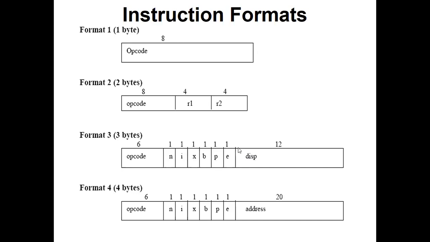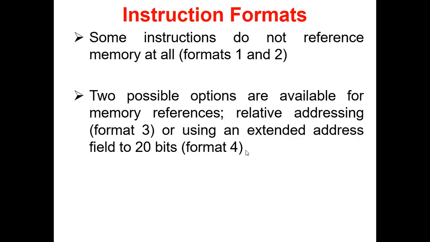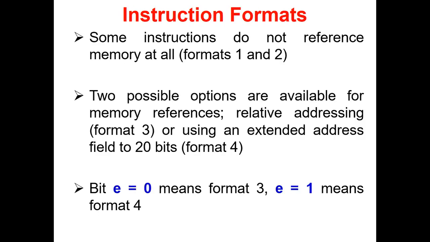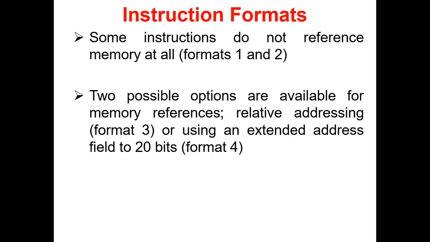Now, to remind ourselves, we saw that these bits N, I, X, B, P, E are all used to find out which type of memory location, or where the memory location is going to be found. So to go by what I have written in the slides, for those instructions where you don't go to memory, remember there is a format 1 where we don't need any operand.